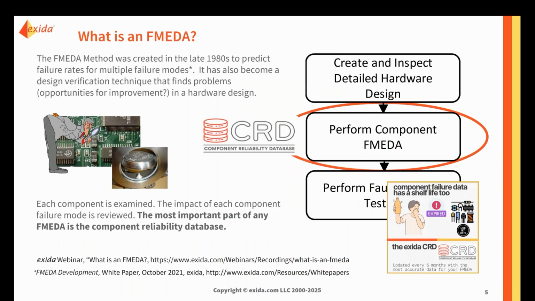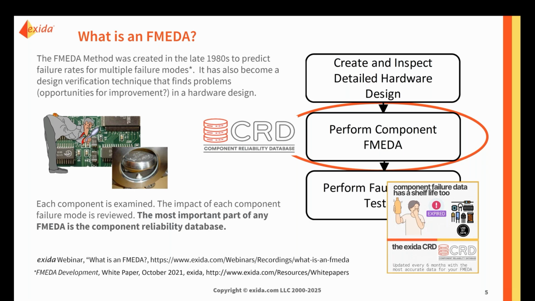I talk about FMEDA. What do I mean? The FMEDA method was created in the late 80s to predict failure rates, primarily for electrical and eventually for electrical and mechanical devices. It has evolved into a design verification technique that also finds problems, I guess I should call them opportunities for improvement, in a hardware design.